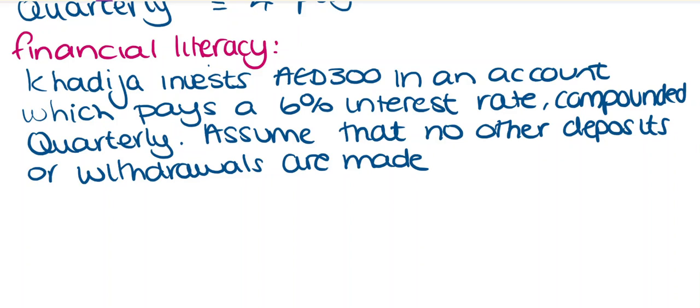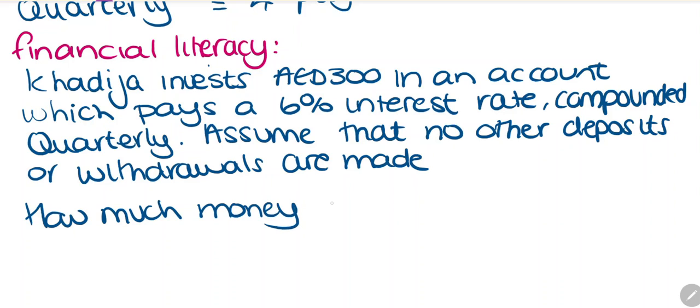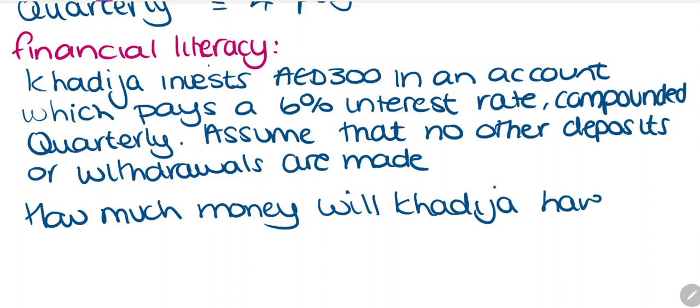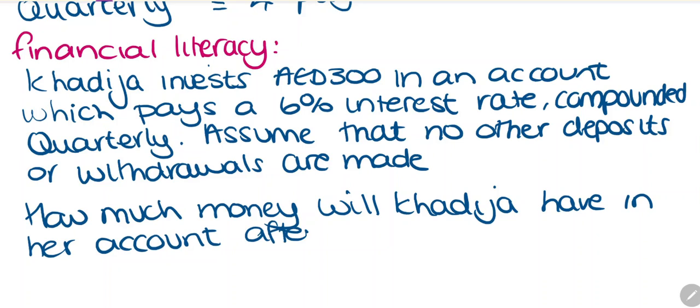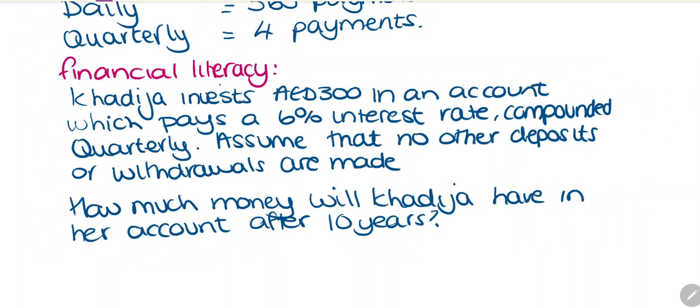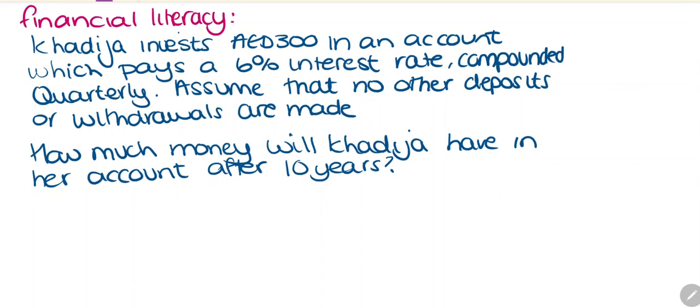So we're interested to find how much money will Khadija have in her account. Let's say after 10 years. So what is she going to have in her account after 10 years?